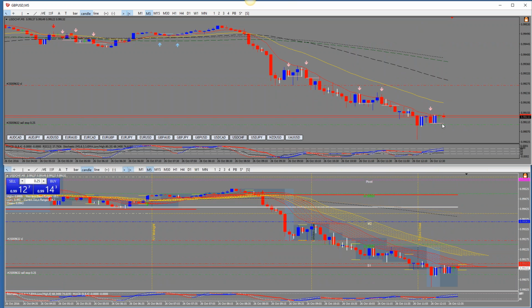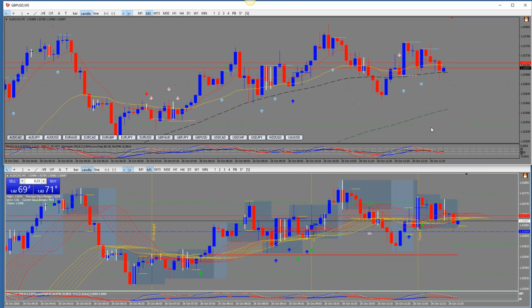If it doesn't trigger on the next candle, I'll remove my sell stop. The further it gets away from the signal candle, the less likely it's going to be a profitable trade, in my opinion.